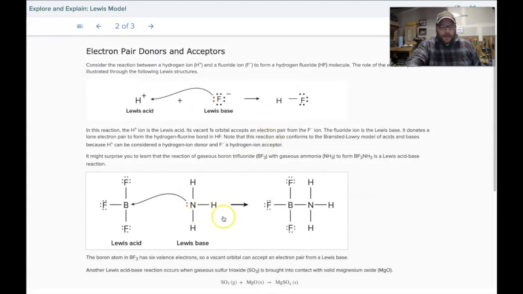Okay. Down here, we have boron trifluoride, and we have ammonia, and ammonia has that extra lone pair of electrons right here that it could share or donate to the boron. So we have a Lewis acid and a Lewis base here. So that's basically the rundown on the Lewis models.